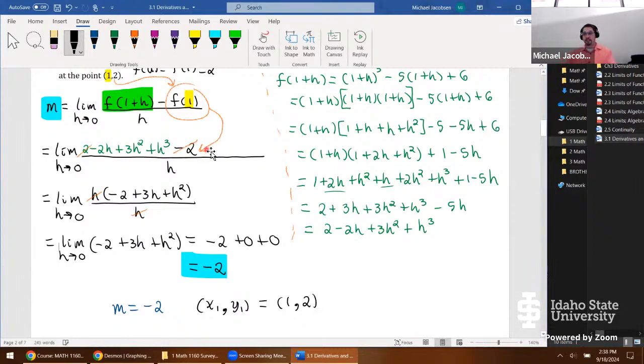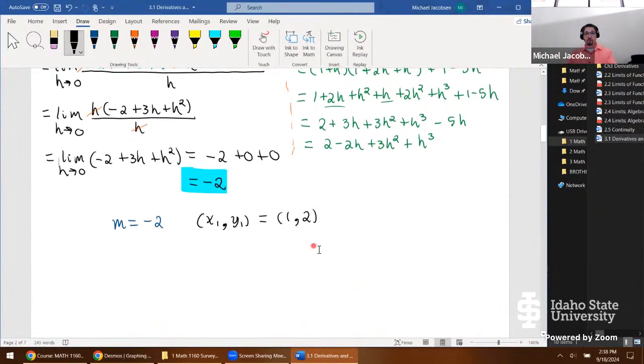And now we just use our favorite equation. There's multiple ways to go for building the equation of a line, given a slope and a point. I would usually almost always go this route. I like this equation, y minus y1 equals m times x minus x1.